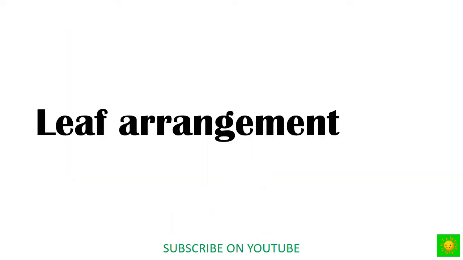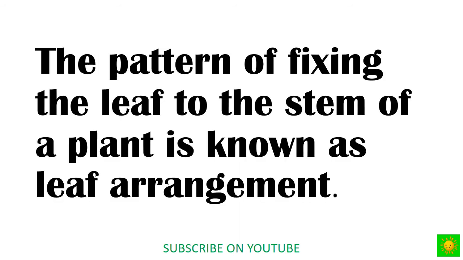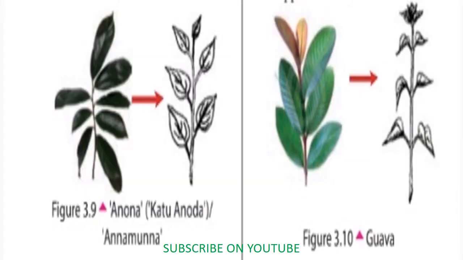Our next topic is leaf arrangement. The leaves are fixed to the stem in a way that exposes all leaves to the sunlight. The pattern of fixing the leaf to the stem of the plant is known as leaf arrangement. Leaf arrangement supports the efficiency of photosynthesis. Some leaf arrangements I have given to you.